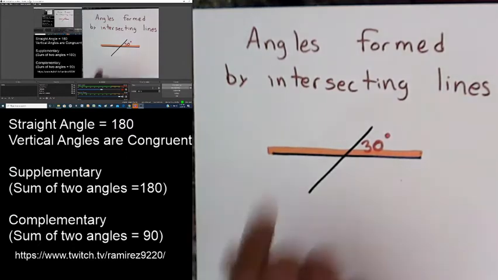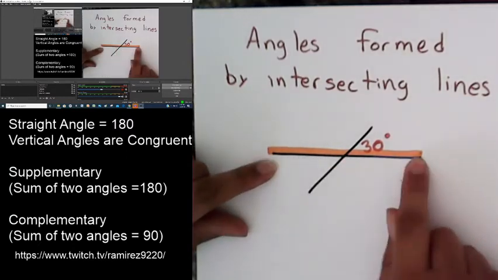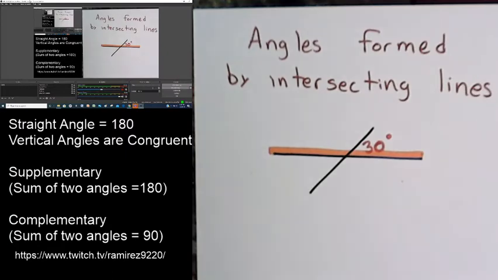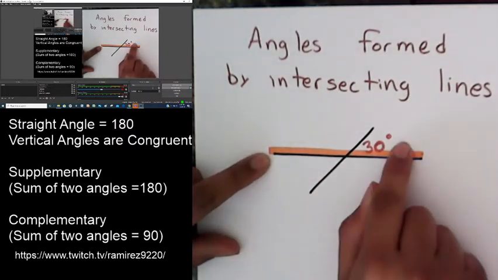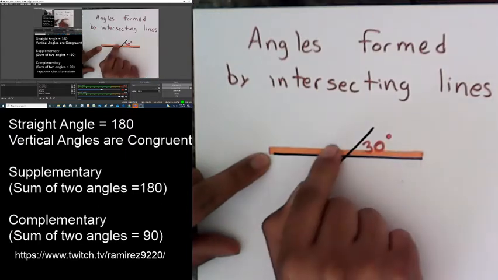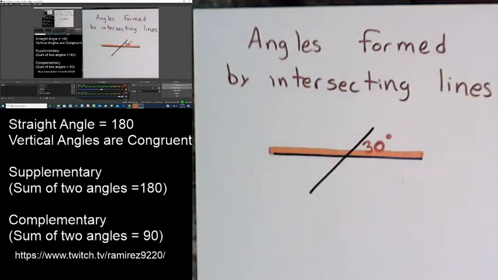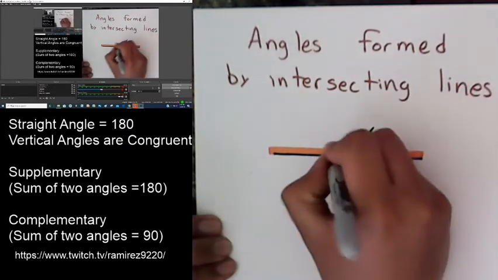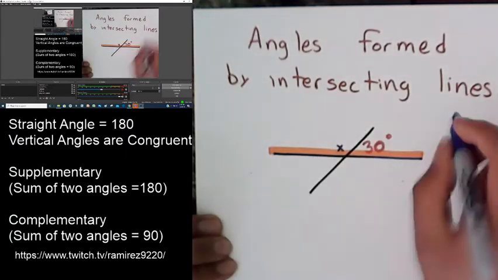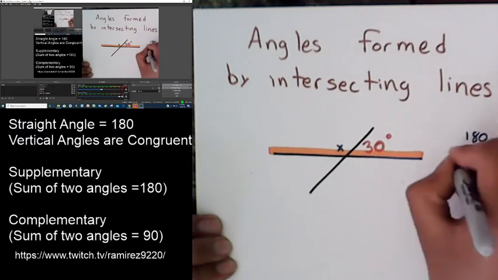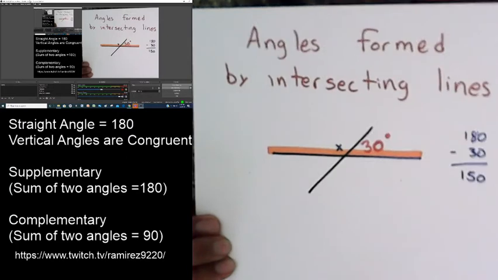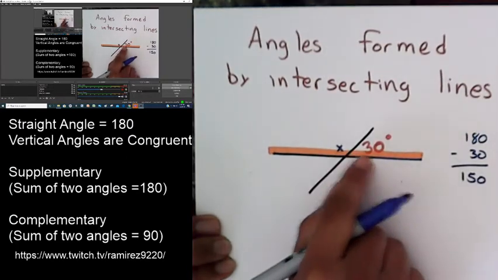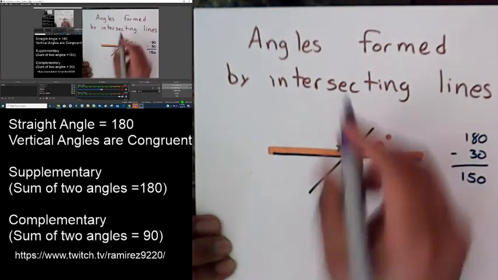Remember, this is a nice straight line, and a straight line is 180. If this straight line is 180 and this part is 30, then this piece right here has to be its missing piece. Let's say this was x. 180 minus 30, that's 150.